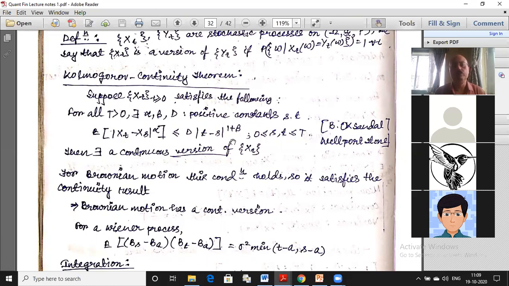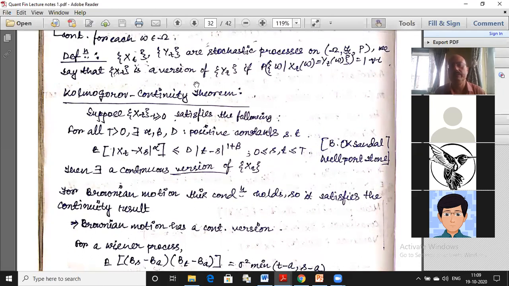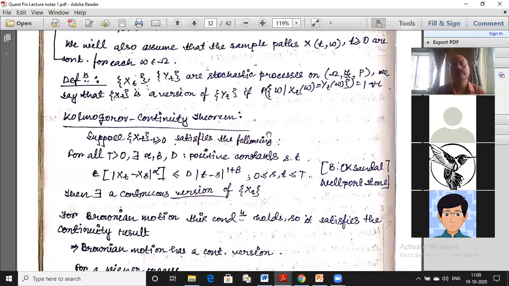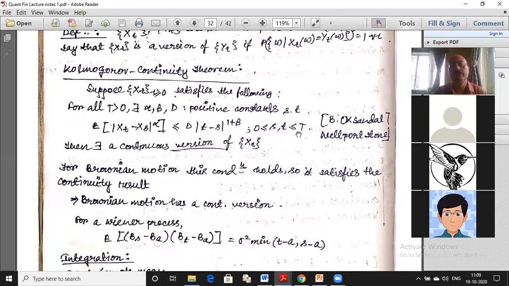So Kolmogorov proved that if my X_t satisfies this condition, so if I can find some alpha, beta, and capital D so that this is satisfied, then there exists another stochastic process Y_t which matches X_t in probability as in this definition. So Y_t is a version of X_t, and Y_t is also continuous, which means Y_t has all sample paths continuous.